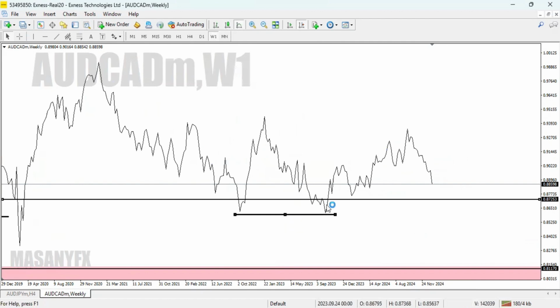So the price did what we call a fake out here. This means our focus now must be here. So we have a QML here, because this one is already violated.